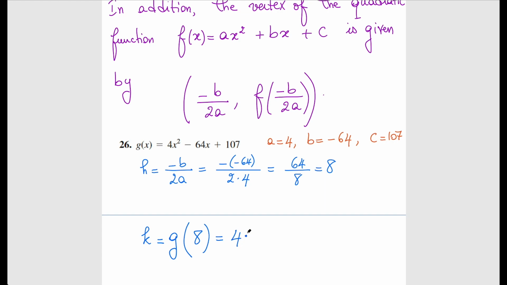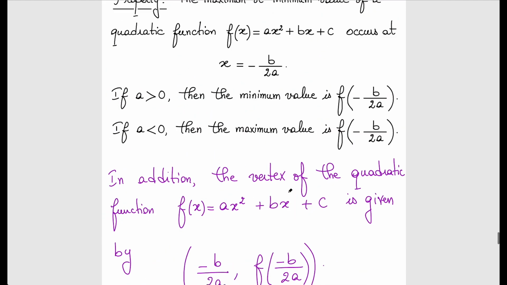So it's 4 times, I'm plugging in 8 for x, right? So it's gonna be 4 times 8 squared minus 64 times 8 plus 107. Okay, and you do the algebra here, and you obtain minus 149. Okay, so just do the algebra. The answer is minus 149.